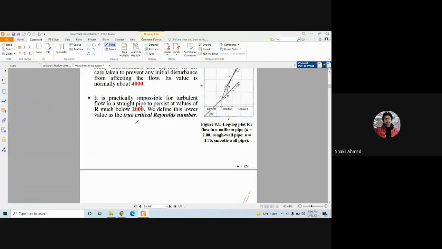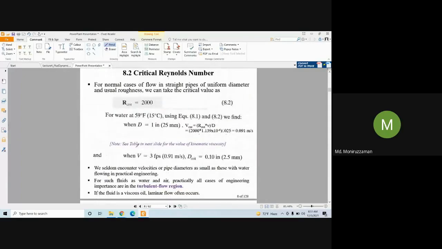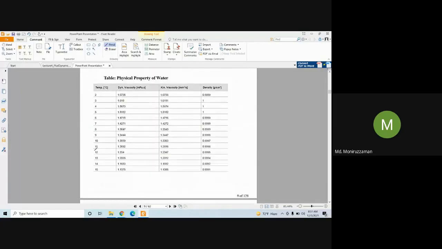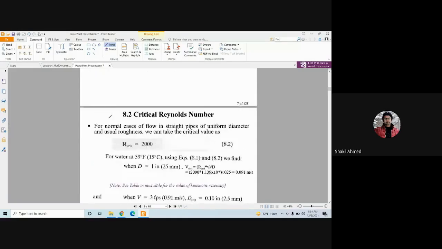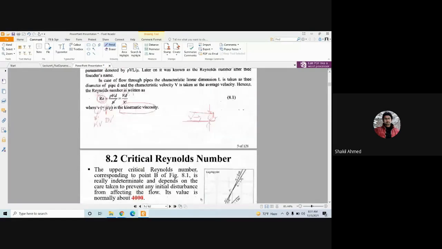Any question? No, sir. Okay. So if you go to the back at the end of your book, Franzini, you'll find the value of viscosity of water at different temperatures, because this changes with temperature.